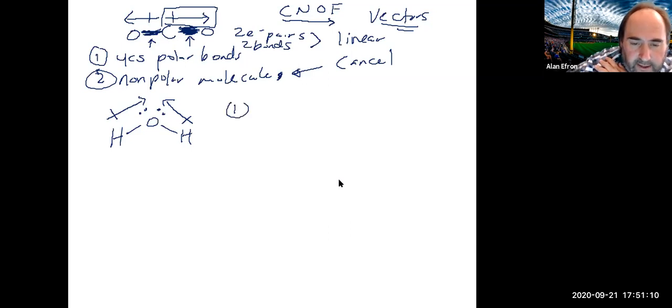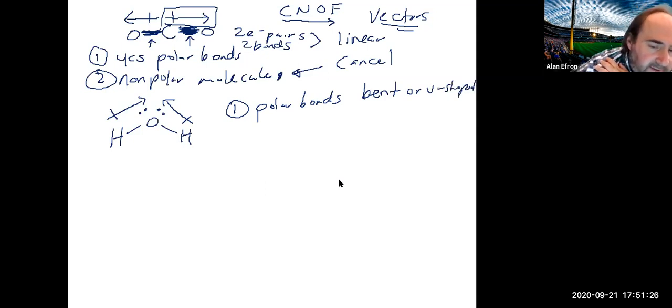So yes, this also has some polar bonds. We also want to look at the geometry, and as we saw earlier, it has 4 electron pairs and 2 bonds, which means the geometry here is bent or V-shaped. What's going to happen in this case is, even though these guys may appear to be heading at each other, they're actually going to add together.